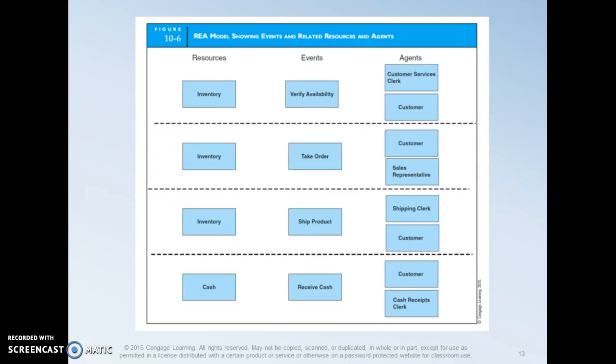So this is a model showing the events, the resources, and the agents. This is pretty cool. For example, a resource, inventory. Events, verify availability. The agents, the customer service clerk and the customer. One is the internal agent, one is the external agent.